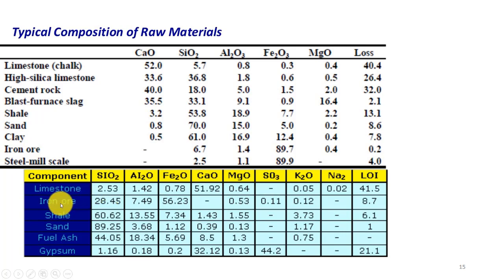On the other hand, the iron ore has a silica content around 28% and an iron content of 56, which is in majority. So it is rich in iron.